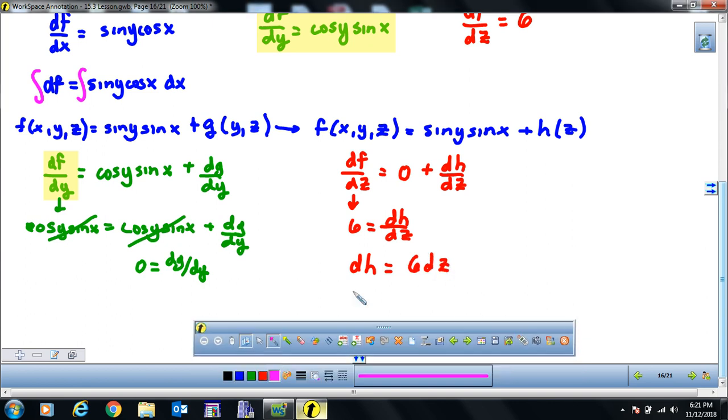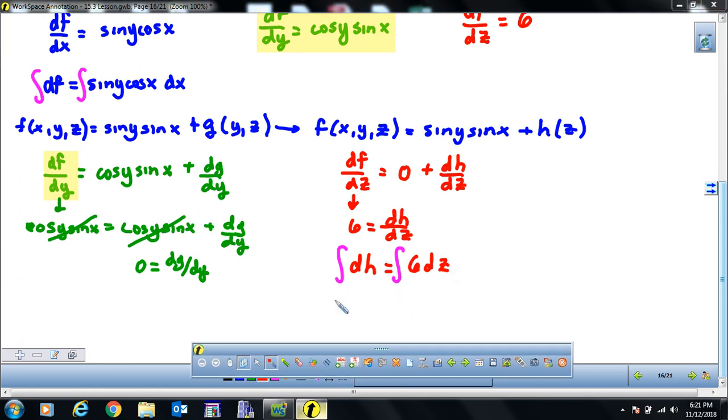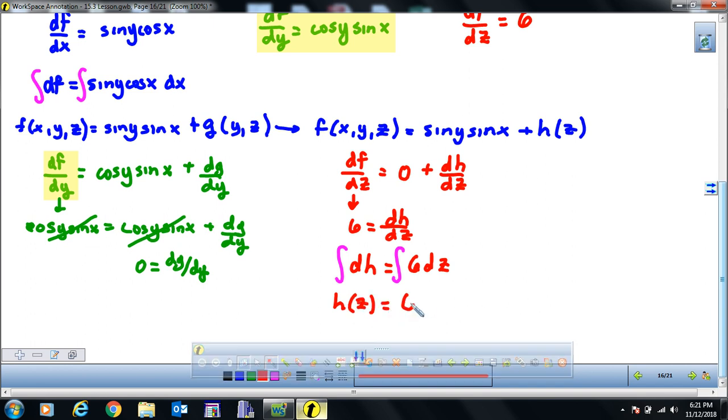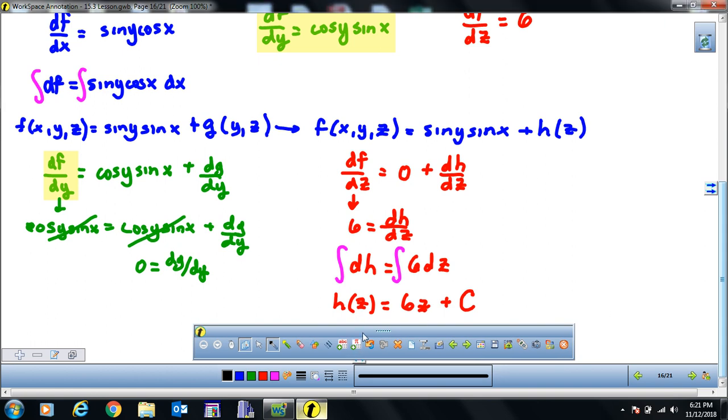And we're going to integrate it one more time. The integration of this with respect to z would be h of z equals 6z plus, now since we already integrated it with respect to all three, some constant c. So let's write our potential function.